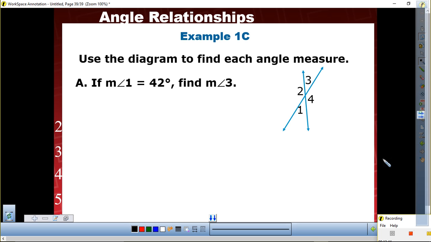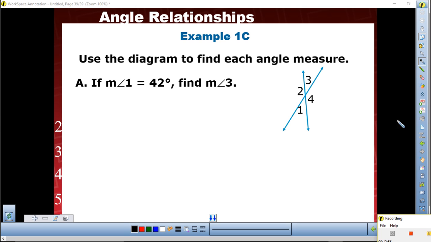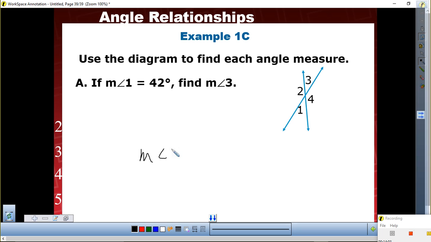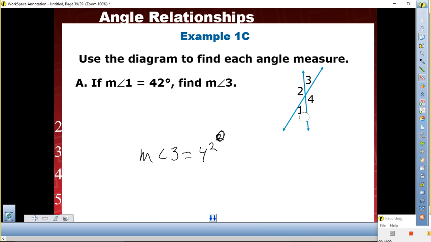Copy that and go. So, fairly simple. At the end, we conclude that measurement of angle 3 is equal to 42 degrees. Why? Because they are vertical, yes?